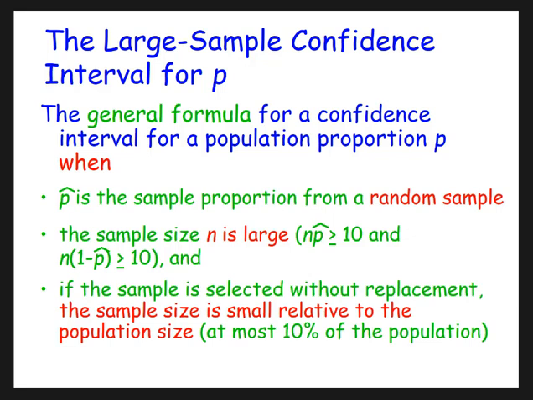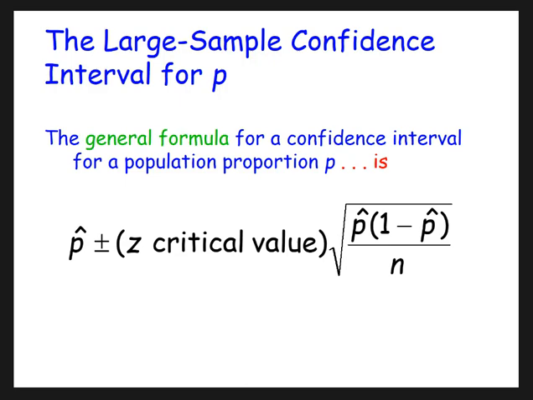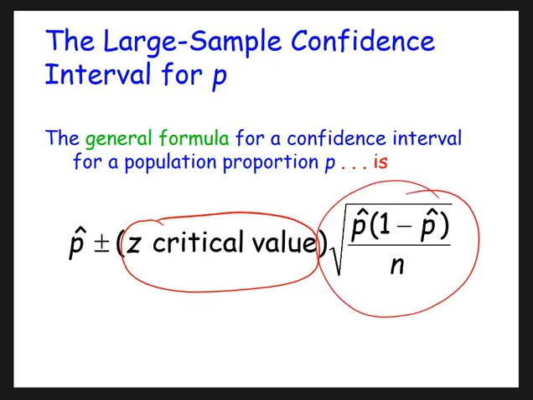If the sample is selected without replacement, and the sample size, remember we said, is at most 10% of the population, the general formula for the confidence interval for the population proportion P is P hat plus or minus the critical value. Remember, the critical value, Z critical, comes from our level of confidence, times the standard error, or standard deviation, for that sample proportion.